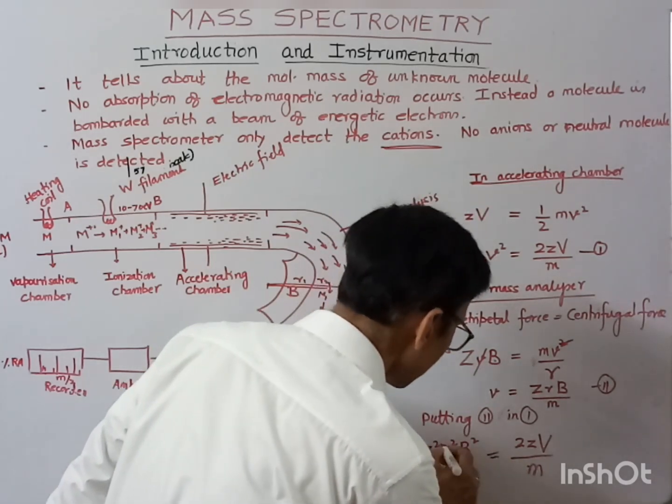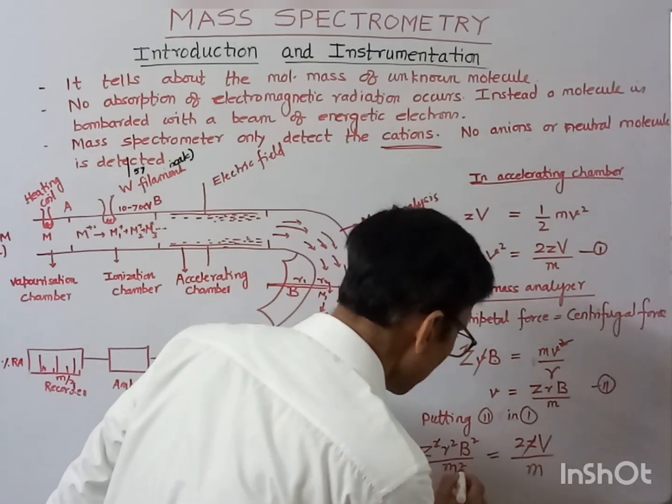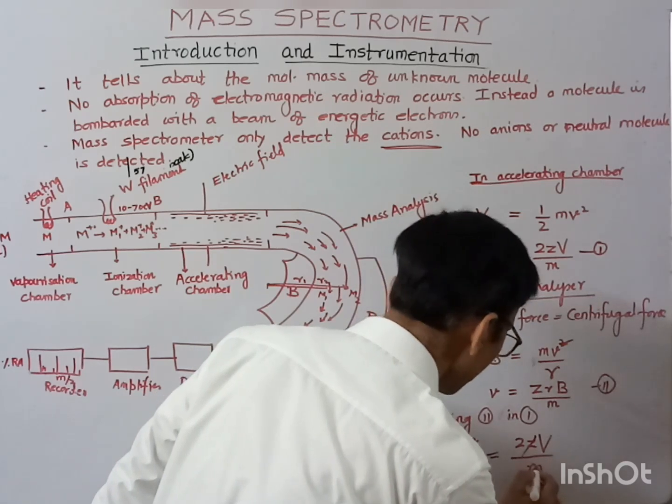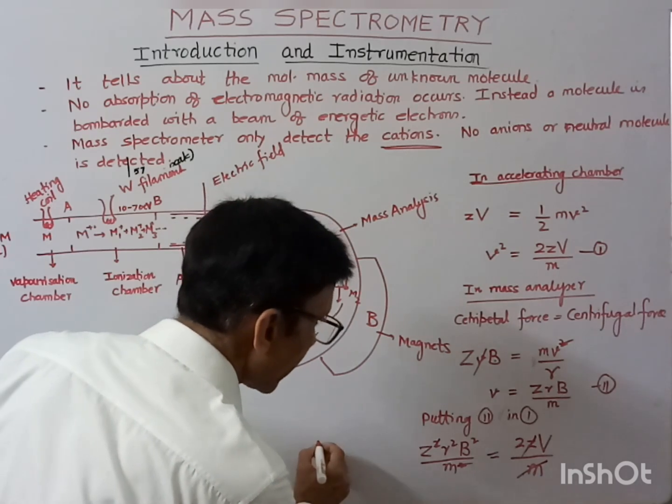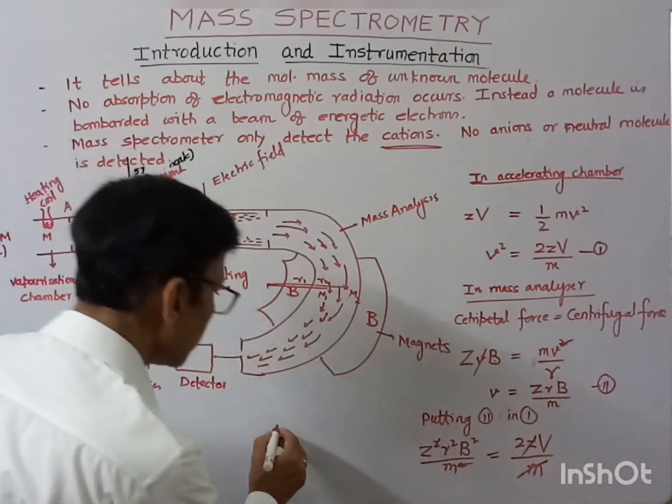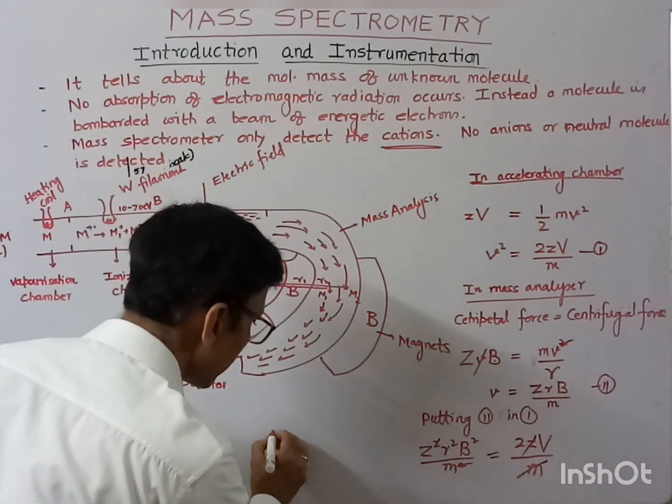This will cancel out, and this will cancel out. Now what we have to determine is the M by Z value.